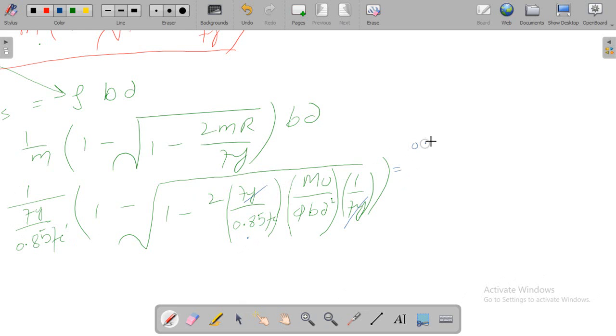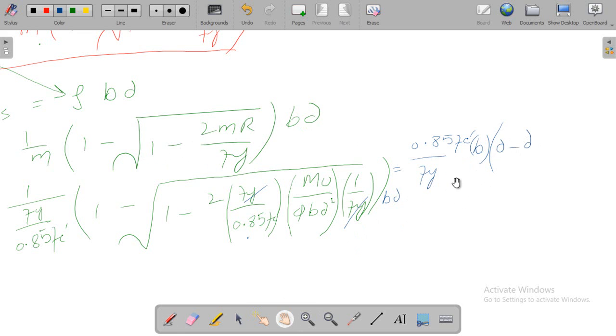So here we have 0.85 fc prime divided by fy, and we will multiply this b, because here we have bd, right? So we will multiply this b to the left, so here we have b, right? And similarly we multiply this d to the inside of the brackets, so d minus d, right?